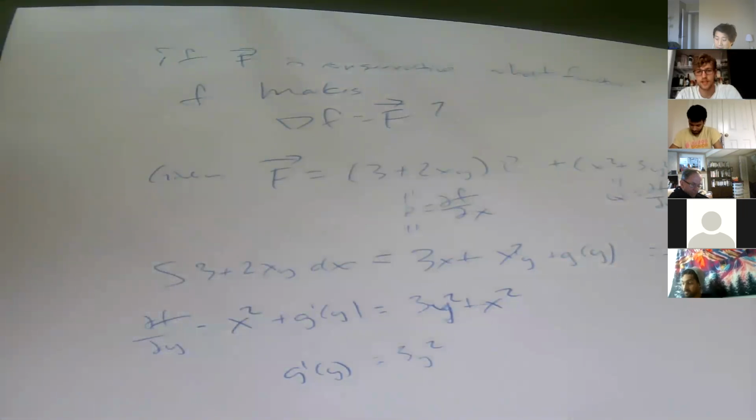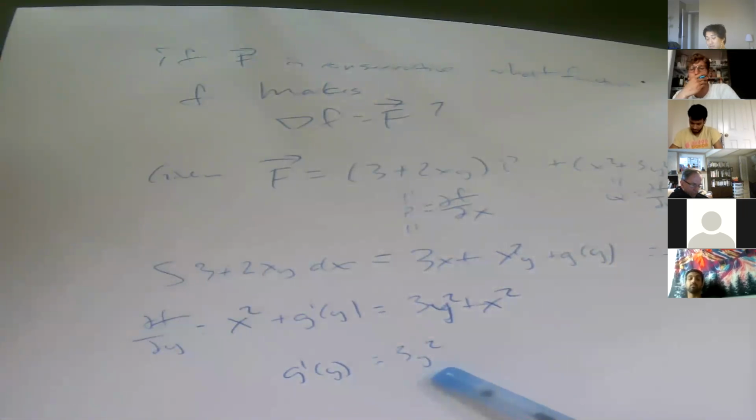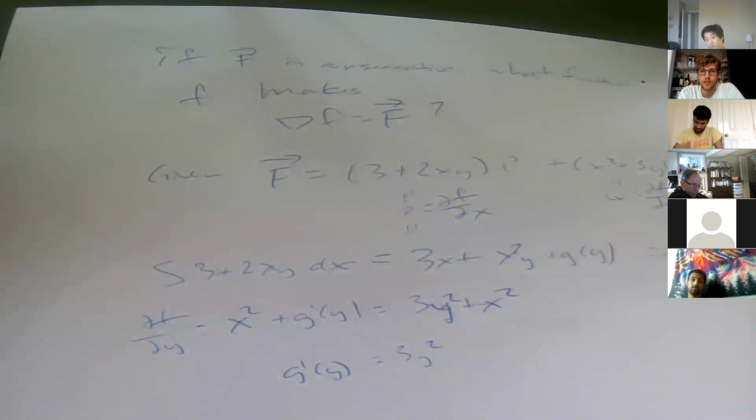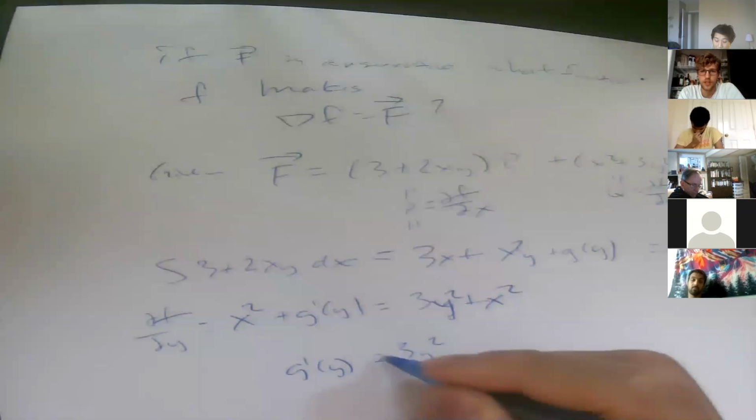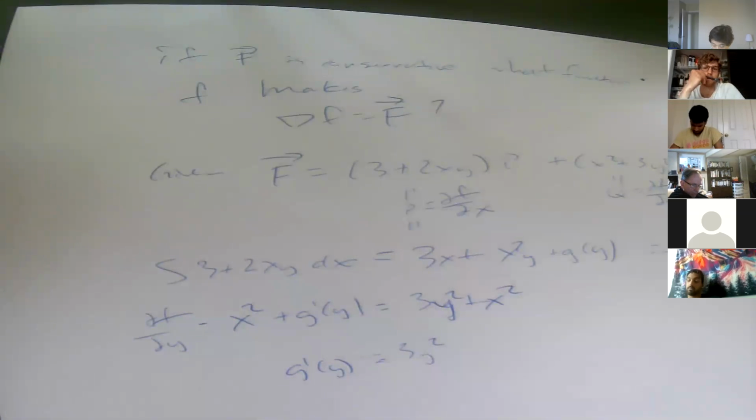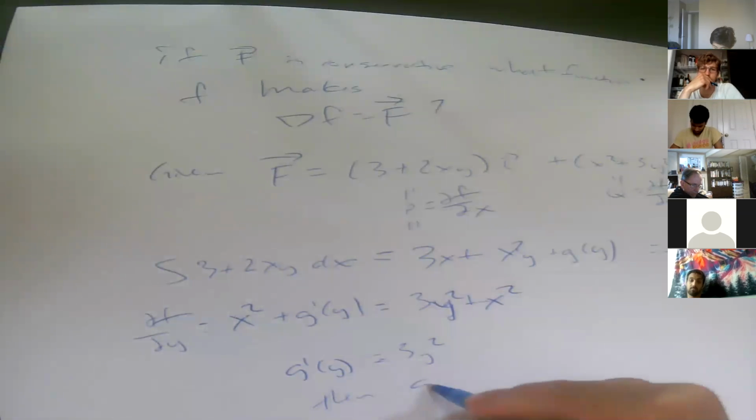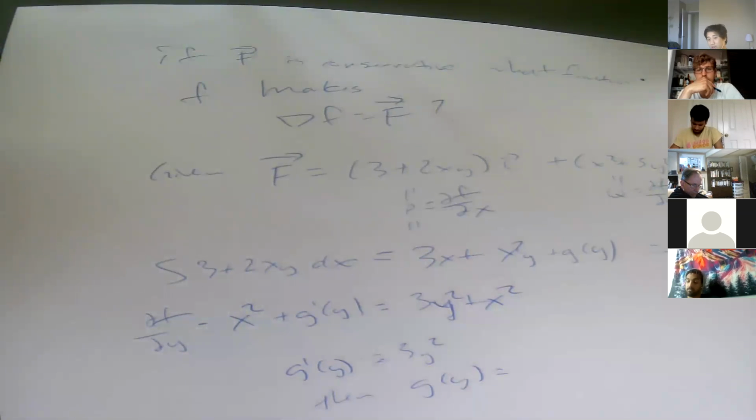And that's the same regardless of what function we have. We have a function whose derivative is equal to this. What functions have derivative equal to this? If g prime of y is equal to 3y squared, then g of y is equal to what?